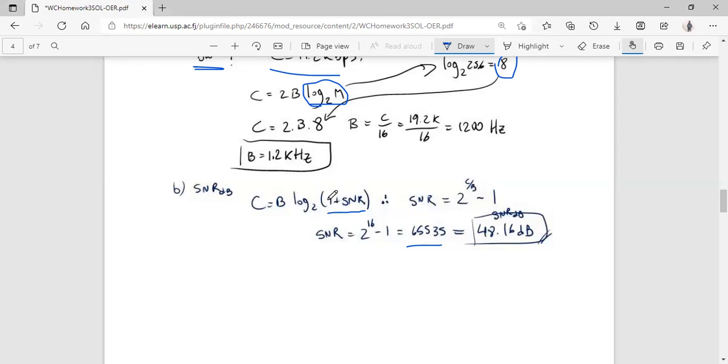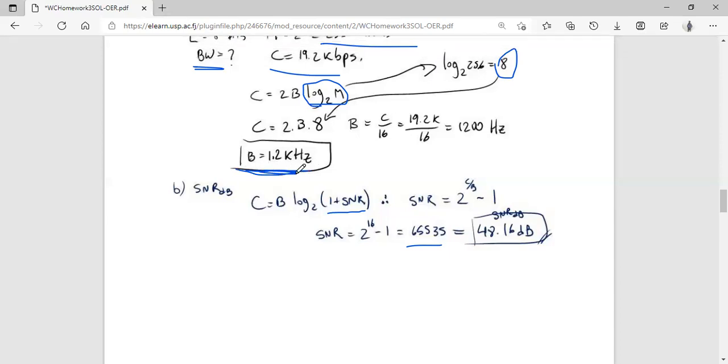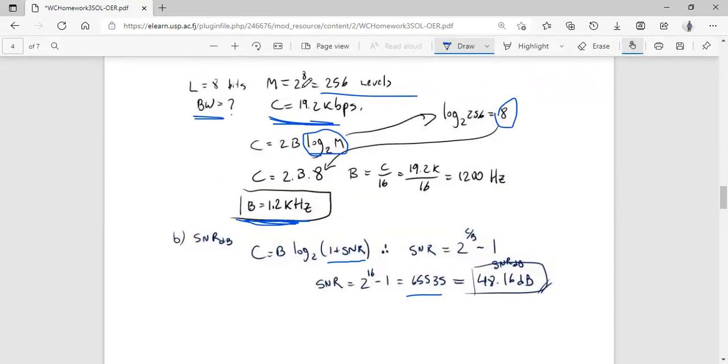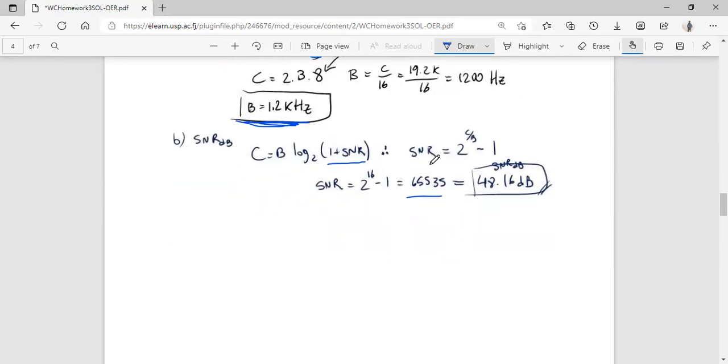And then taking this 1, right? Once you have 2 to the power of C divided by B, you are just left with 1 plus SNR. So taking this 1 to the other side, you get minus 1, isn't it? So that's how you are left with SNR is equal to 2 to the power of C divided by B minus 1. So then you directly take the bandwidth value and the capacity value from the first part of this question and substitute them into this formula.